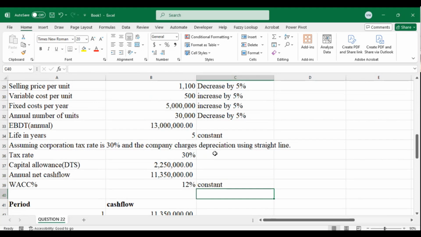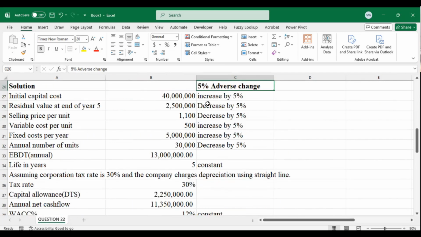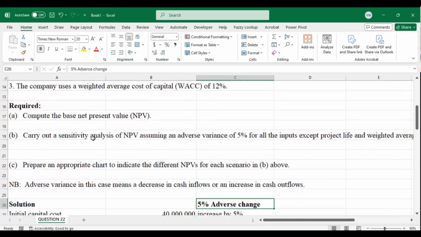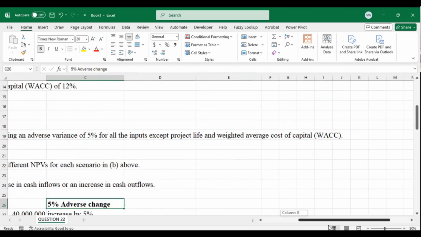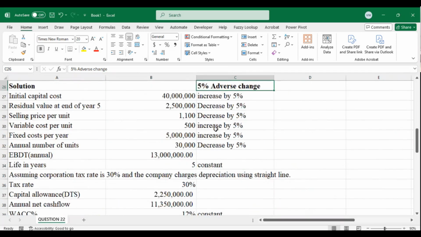That is what the question says, that all these variables will change adversely by 5%. So we carry out sensitivity analysis of NPV, assuming adverse change for all the inputs except the project life and the weighted average cost.